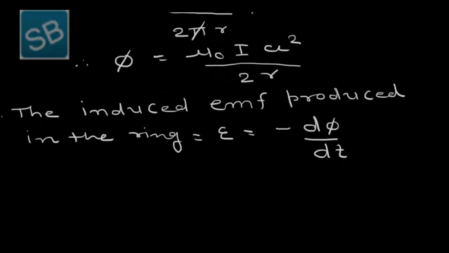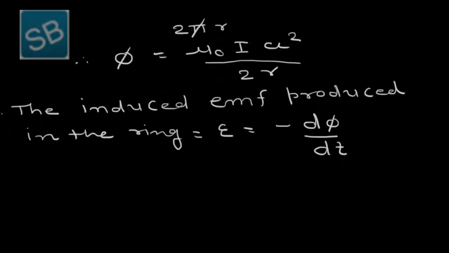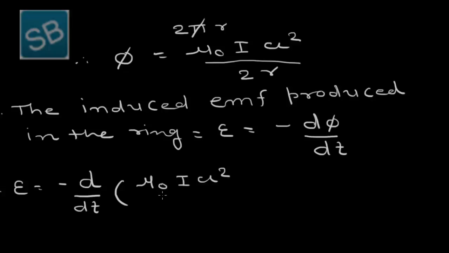So substituting the value of phi in this equation, therefore epsilon is equal to minus d by dt of mu 0 I a square divided by 2r. Now here the quantities which are similar, or constants, we can take out of the differentiation. So the quantities are only mu 0, I and a square, and 1 by 2.